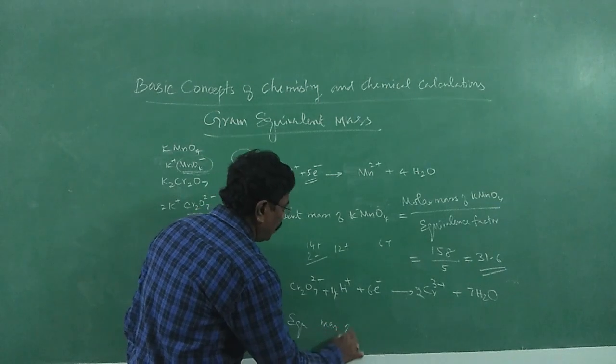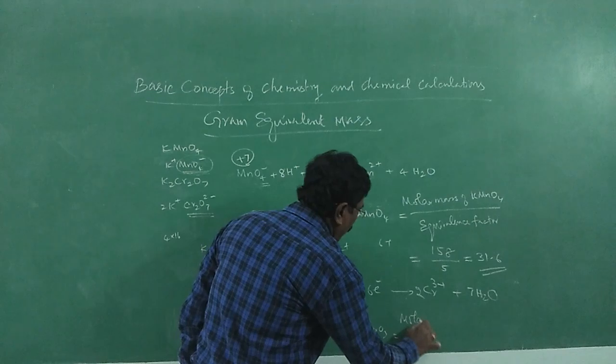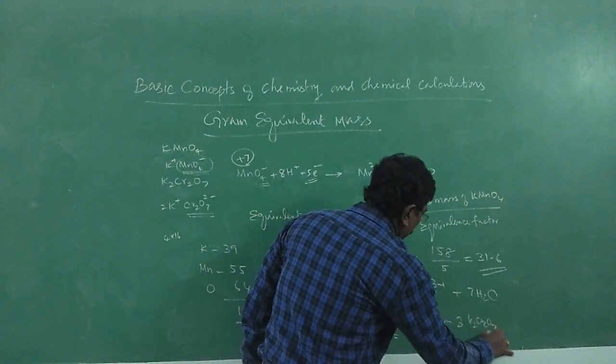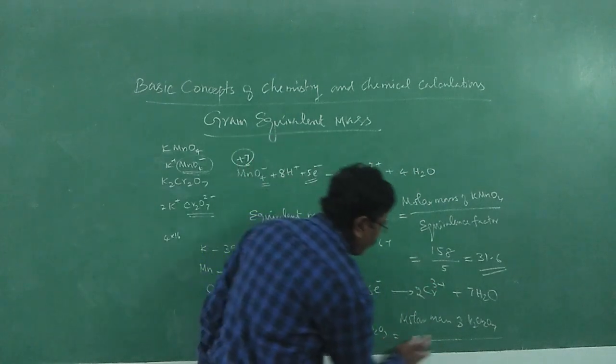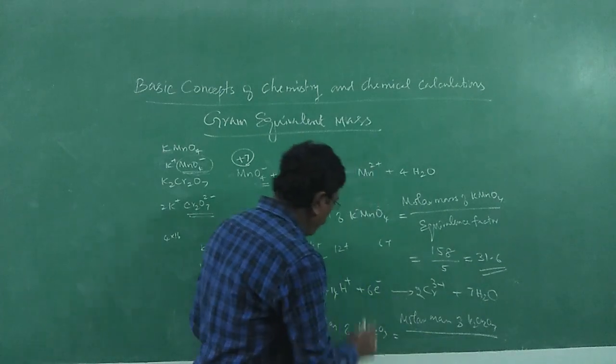So the equivalent mass of potassium dichromate should be equal to the molar mass of potassium dichromate divided by the equivalence factor. What is the equivalence factor of potassium dichromate? 6.